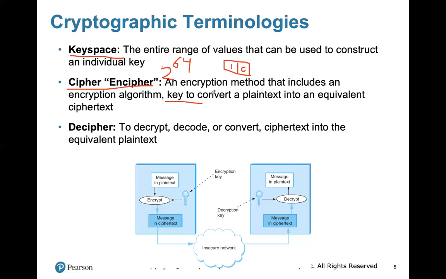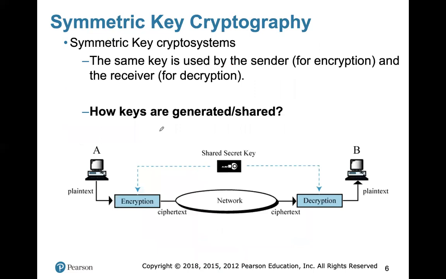So you have the cryptographic algorithm implemented either in hardware or software, and the key; that's called the cipher, or the process of encryption. And then decipher, or decryptor, or decryption, is the opposite. It is the process that decrypts the data. So it is the decryption algorithm plus the key. Okay, we're done with the terminology.